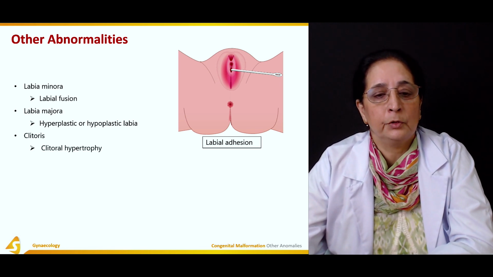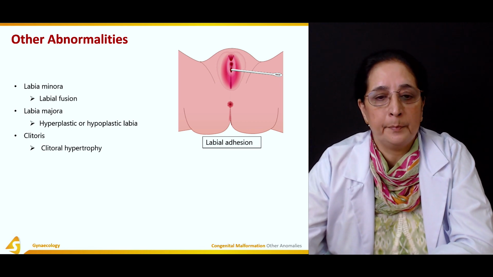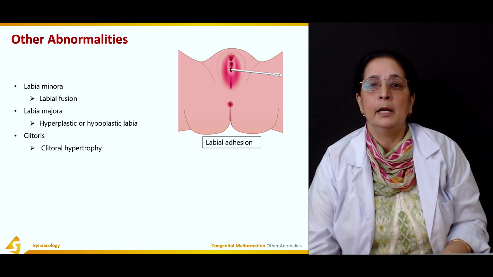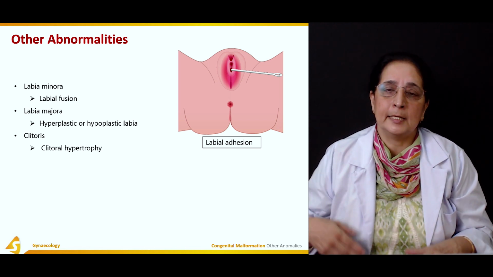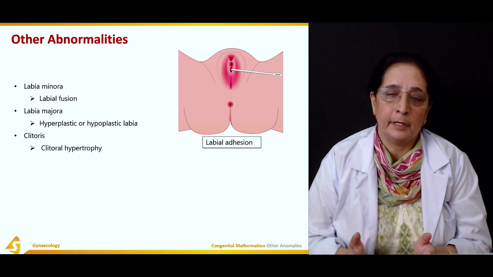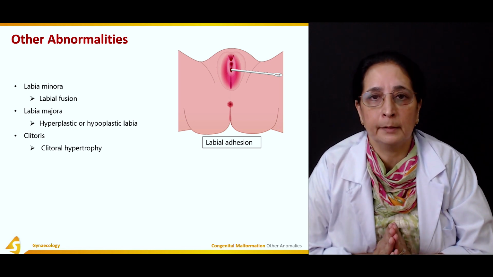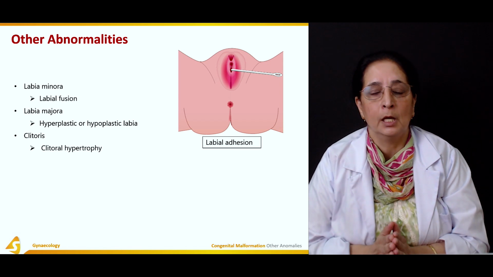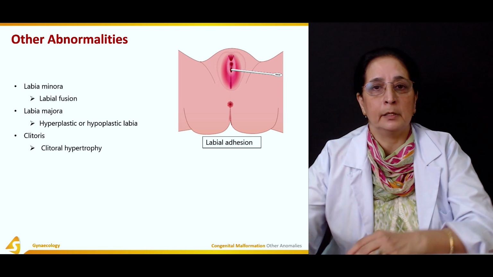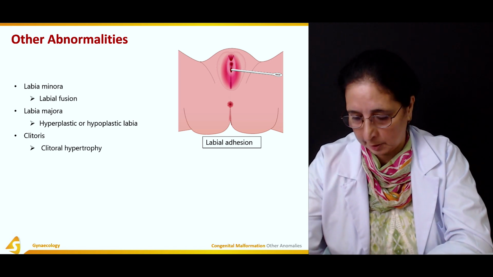Then in the clitoris, clitoral hypertrophy is sometimes also present. So these are some other abnormalities present in structures like the labia majora and labia minora. There may be fusion, absence of fusion, hyperplasia or hypoplasia, or clitoral hypertrophy.